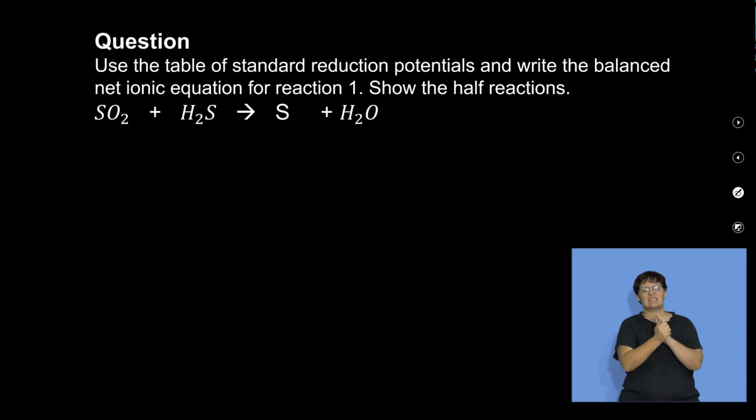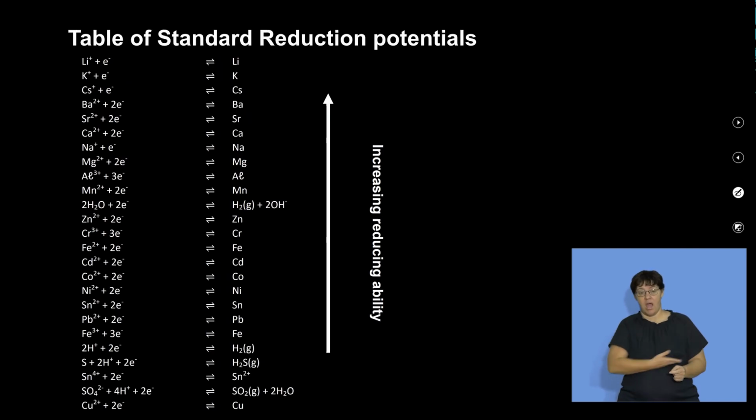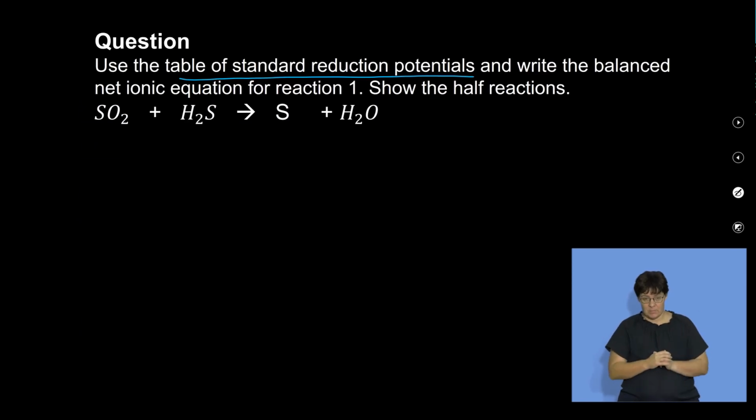Then it says, use the table of standard reduction potentials and write balanced net ionic equations for reaction 1. Show the half reactions. So we need to draw our attention to the standard reduction potential tables and identify the correct reaction. In this case, we need sulfur to be one of the products, and sulfur dioxide needs to be one of the reactants on the left.